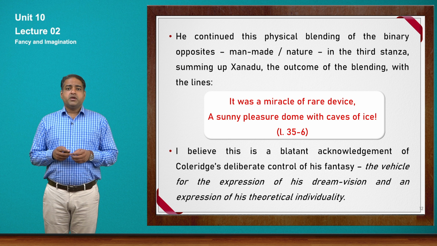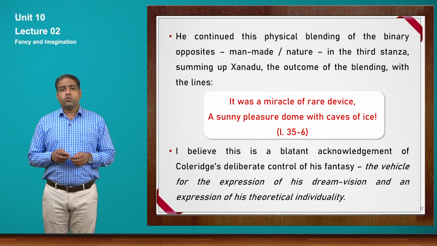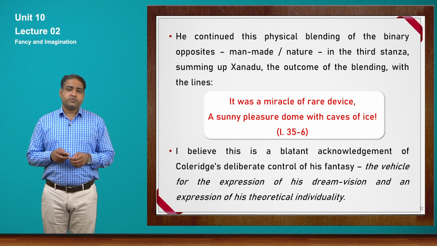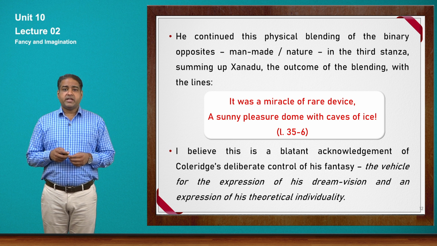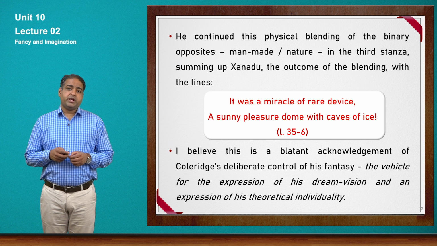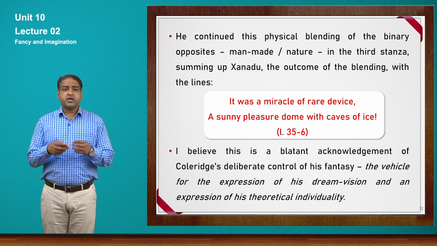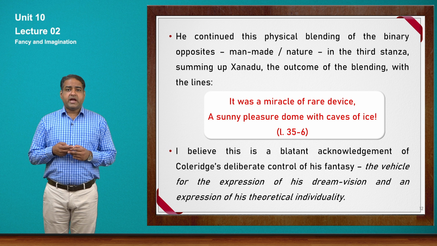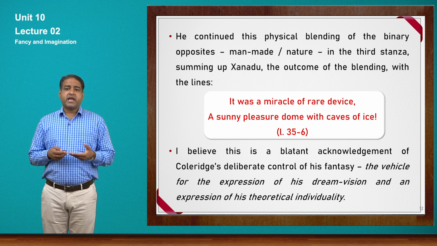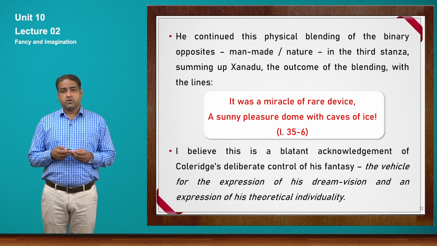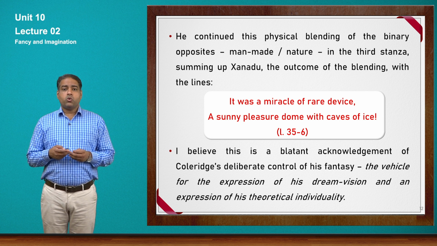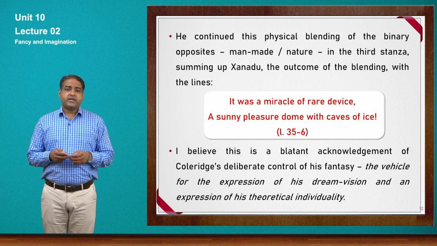I believe this is a blatant acknowledgement of Coleridge's deliberate control of his fantasy, the vehicle for the expression of his dream vision and an expression of his theoretical individuality. So, I can conclude by saying that Coleridge is trying to control the fantasy world, the vehicle for the expression of his dream vision.